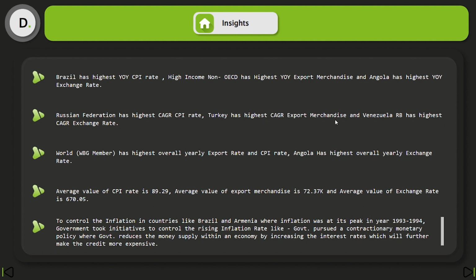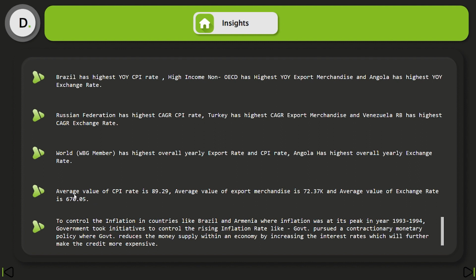Turkey has the highest CAGR export merchandise. And Venezuela, RB has the highest CAGR exchange rate. Now, world member has the highest overall yearly export rate and also the CPI rate as well. And Angola has the highest overall yearly exchange rate.